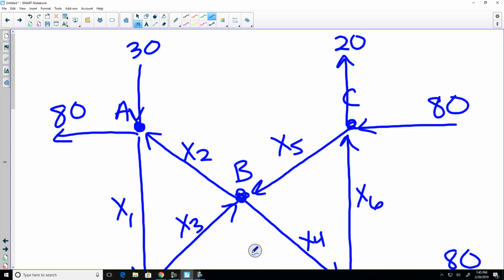Now C. So x6 is going in and 80 is going in, and coming out is 20 and x5. So we can say x5 plus 20 equals x6 plus 80. Again, it doesn't matter what order those are in.